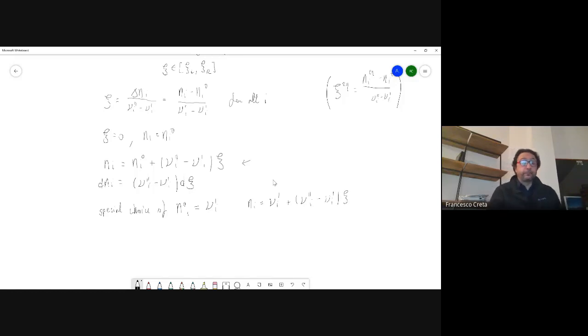So essentially, when psi equals 0, then the composition is equal to the initial composition, which is nu I prime, okay?